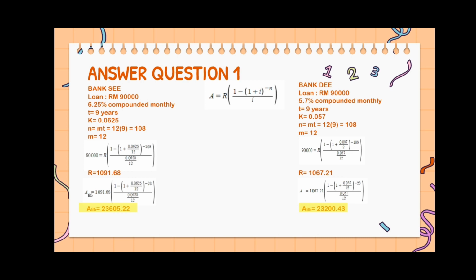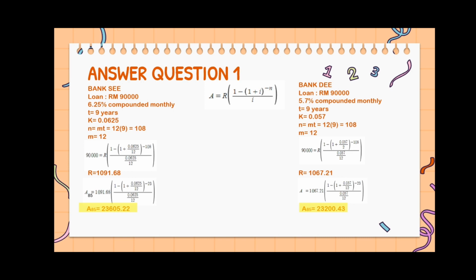What we are going to do next is add all the information we have into the formula. So 90,000 ringgit equals R times 1 minus (1 plus 0.0625 divided by 12) to the power of negative 108, divided by 0.0625 divided by 12.